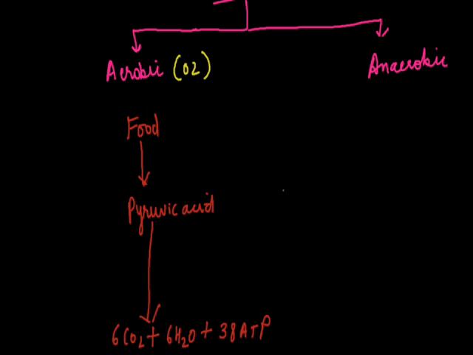The conversion of food into pyruvic acid is called glycolysis, and the conversion of pyruvic acid into the ultimate end products is called the Krebs cycle. Glycolysis takes place in the cytoplasm of the cell and the Krebs cycle takes place in the mitochondria of the cell.